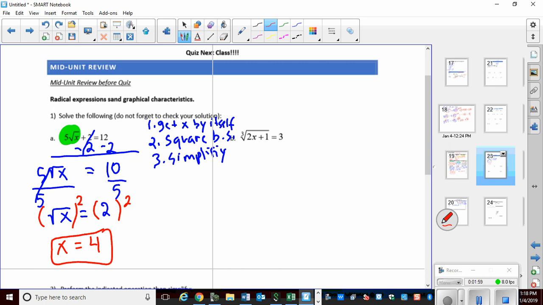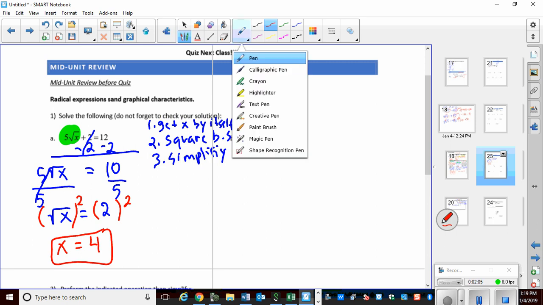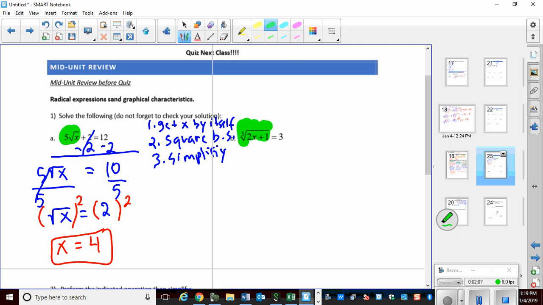For letter B, I don't have to do anything. Everything is under the radical. I got the radical by itself. So the index, or the root here, is 3. So that means I'm going to cube both sides. And then I'm going to simplify.